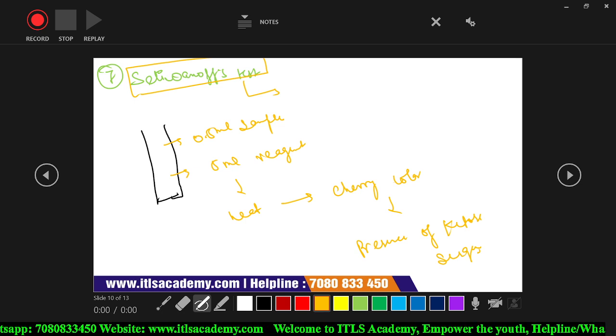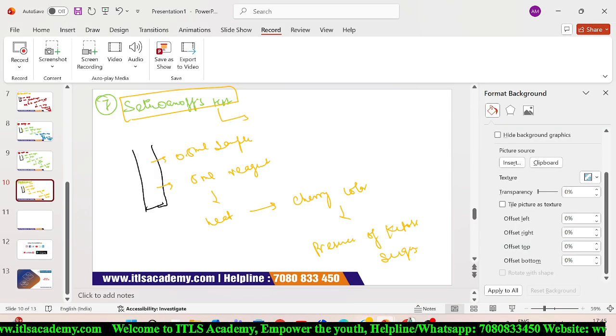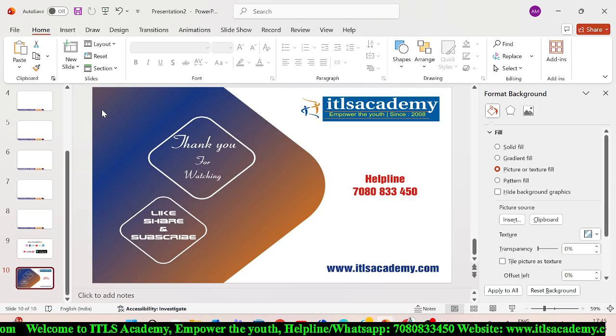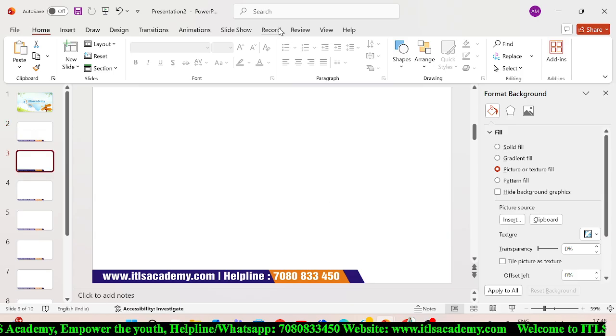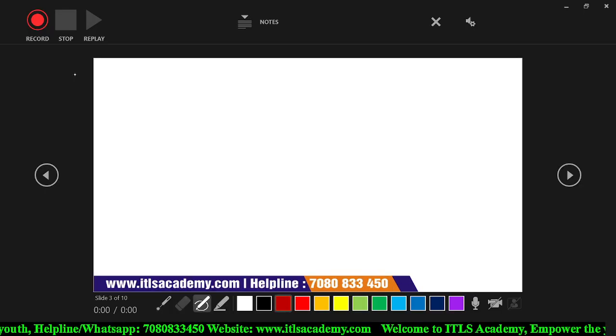Now the next is your qualitative analysis of pentose sugar. Here we will only discuss the main test for this, and all the tests are similar. So the first test that we are going to discuss is a solubility test.